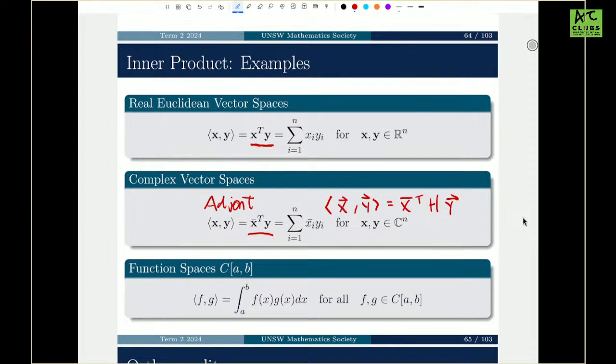This is the complex inner product in its most general form. It looks almost the same, but we've got this matrix sandwiched in the middle. This is a Hermitian matrix, which just means that if you conjugate all the terms and transpose it, it's the same matrix.